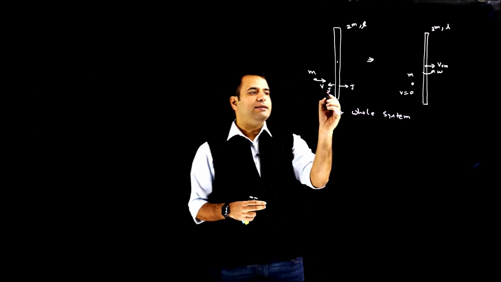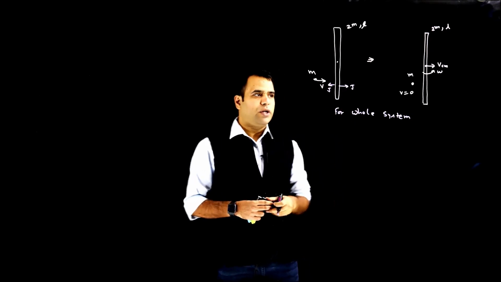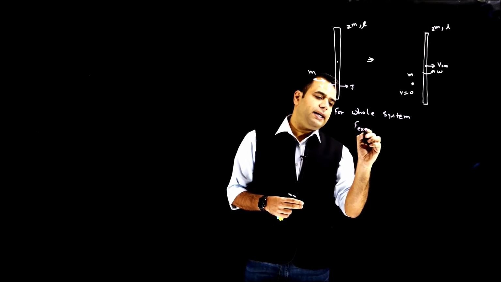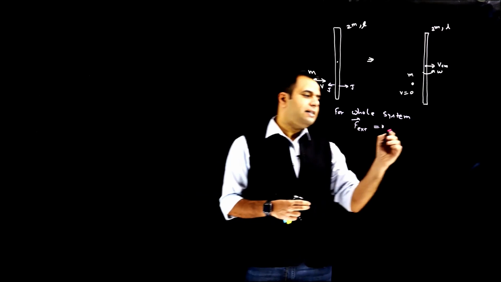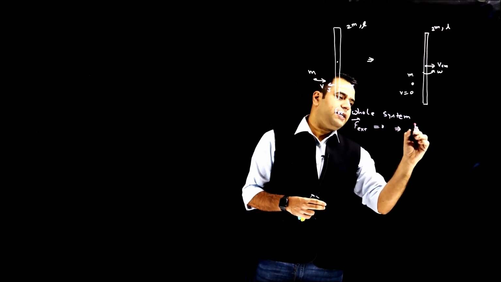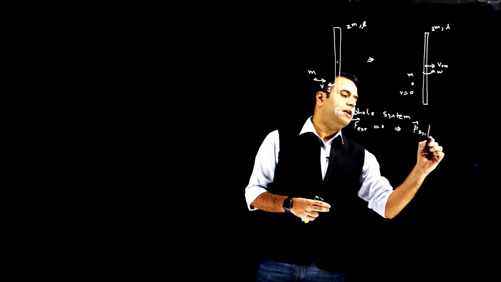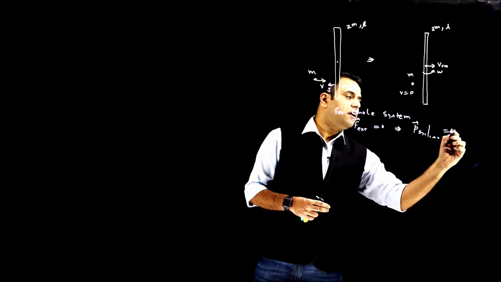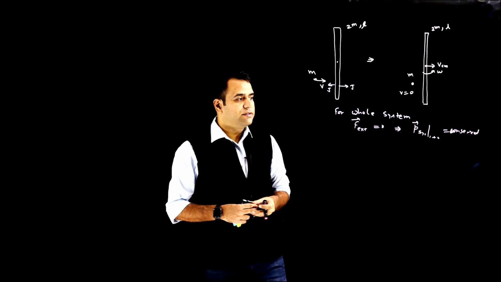The rod applies a reaction force onto the point mass, and the point mass applies a reaction force onto the rod. They are action-reaction pairs. So for the whole system, the net external force is 0. And since F external is 0, it means the momentum for the whole system, 1 plus 2, will be conserved. Not 0, it will be conserved.